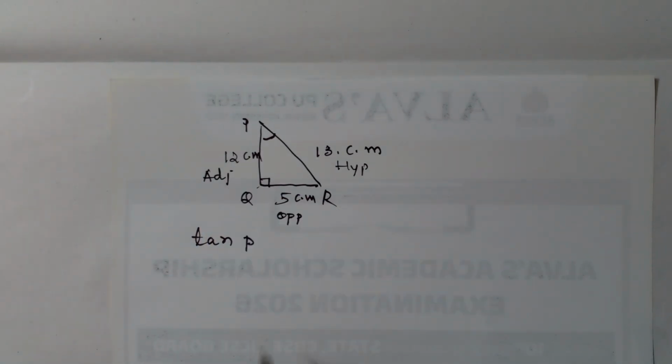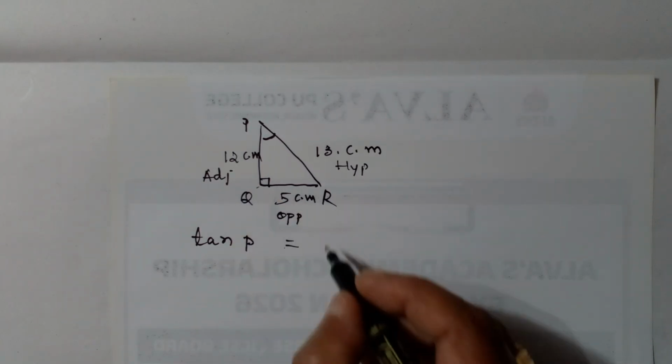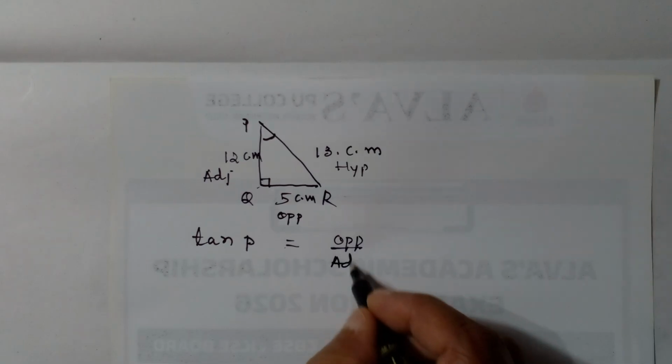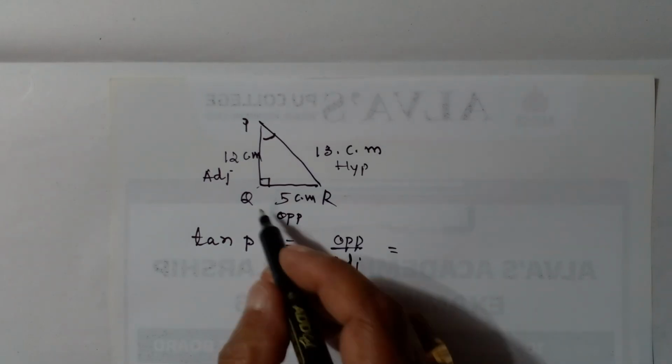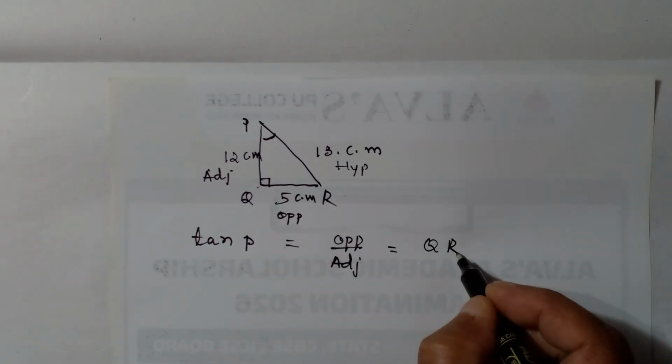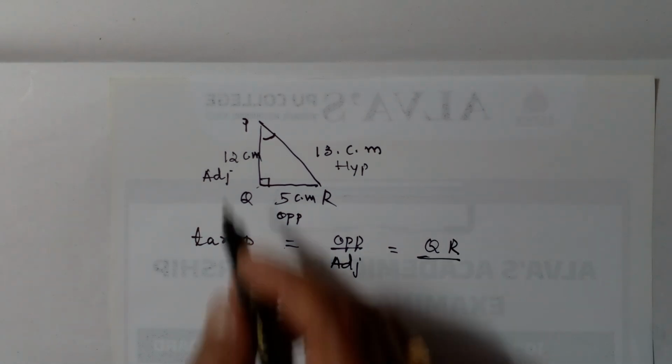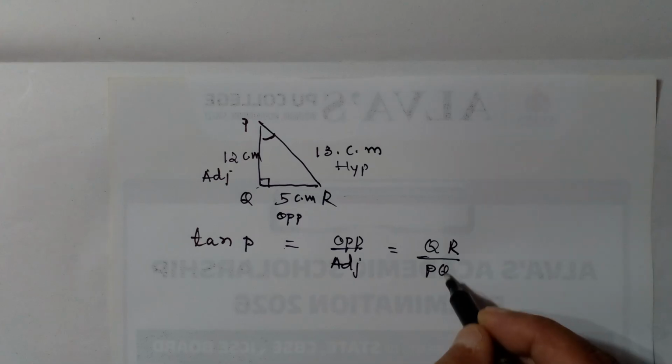Here tan P, you know the ratio, is opposite by adjacent. I want to write that as opposite by adjacent. Opposite means QR, divided by adjacent, that is PQ.